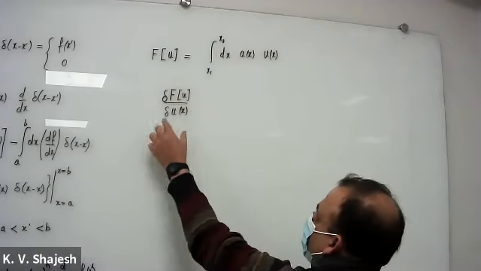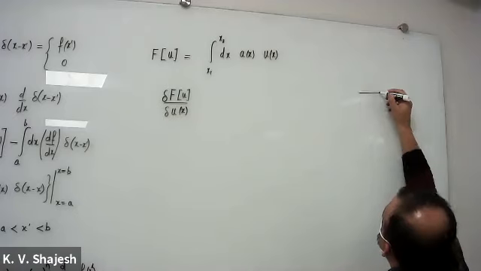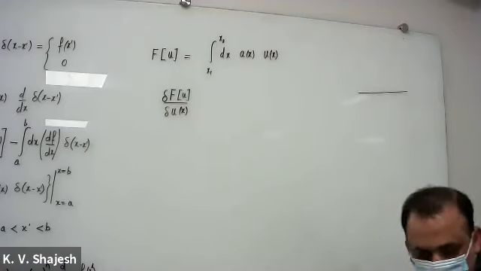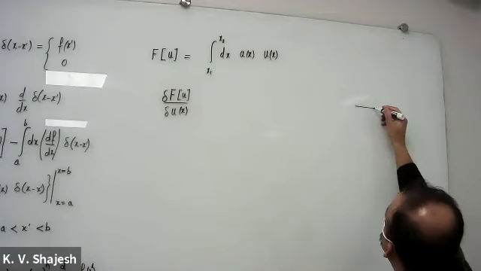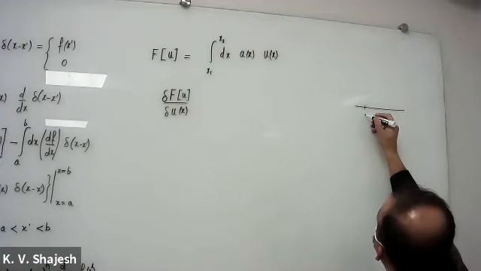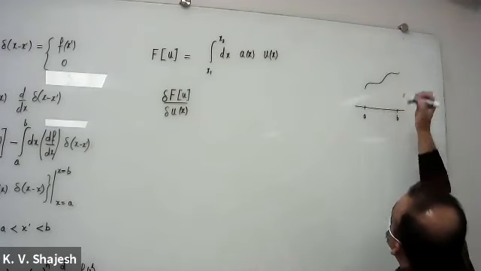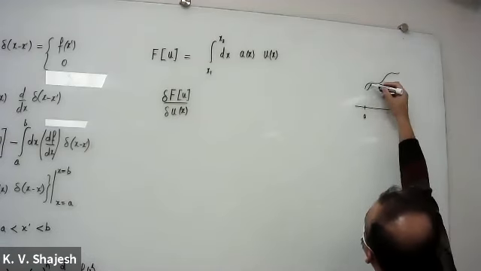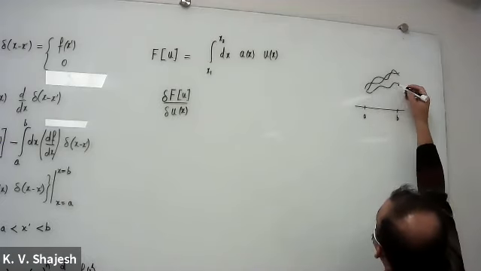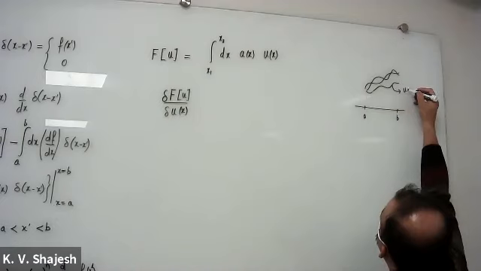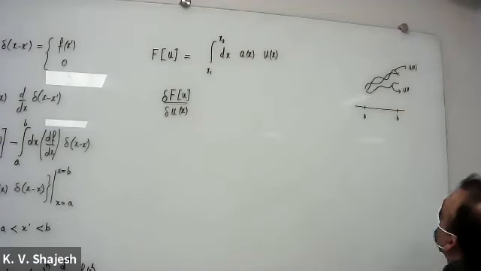So this is a small change in the function. You have a curve going from A to B, and that's a function. That's also a function. That's also a function. This is all u of x, all possible u of x.